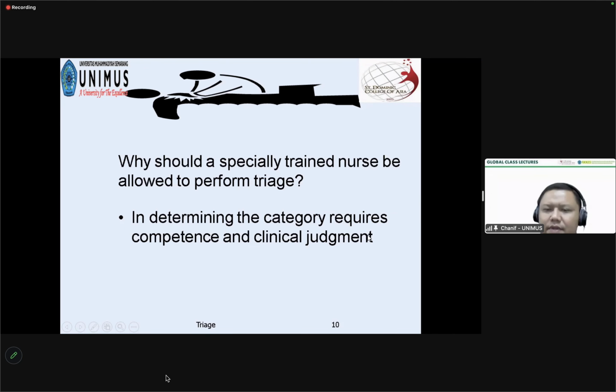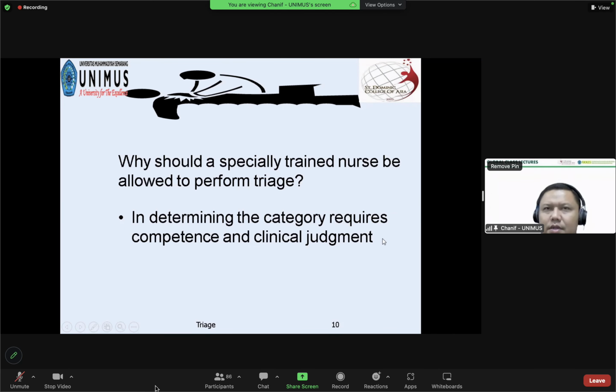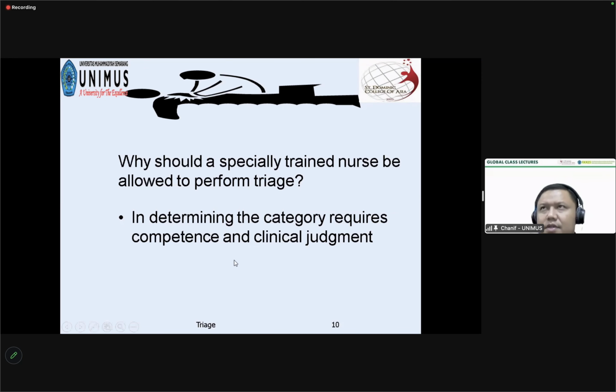Yeah, and then we can predict what will happen with the patient if we delay giving the life-saving intervention. So based on that, a lot of experience, we can decide about the level of triage.